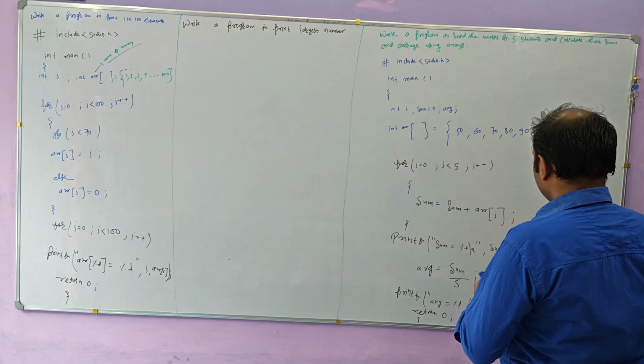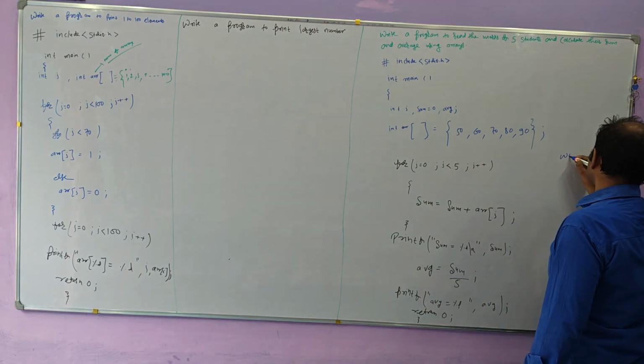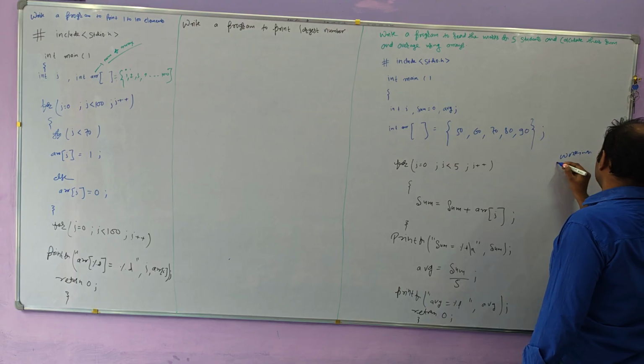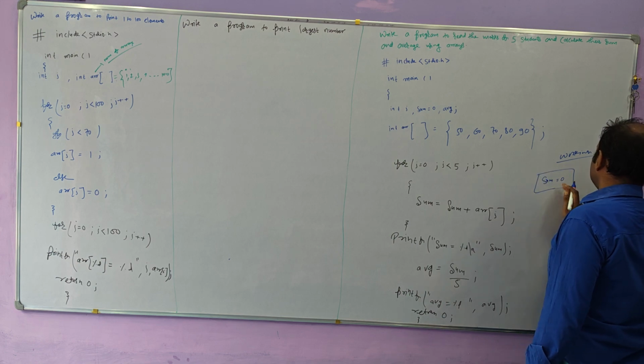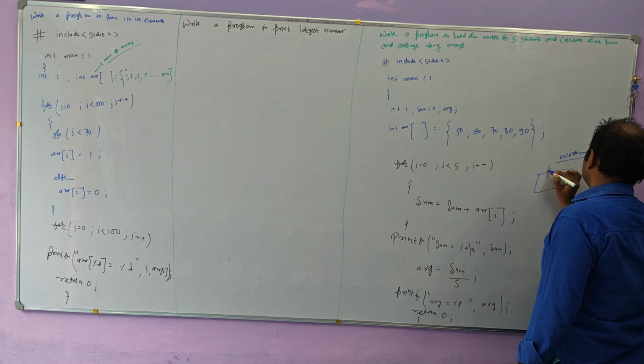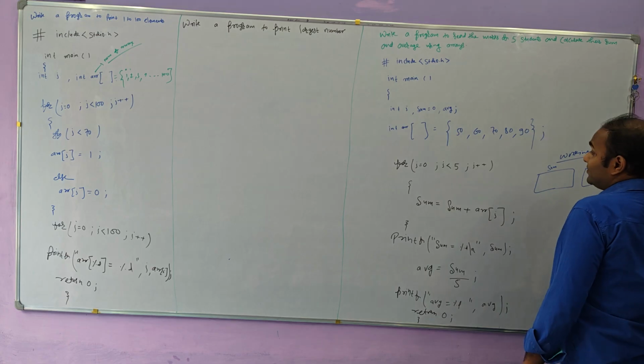So firstly, how does it work? Firstly, sum is equal to 0, and then i.